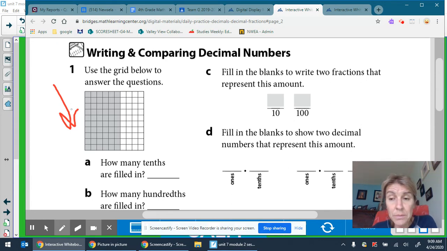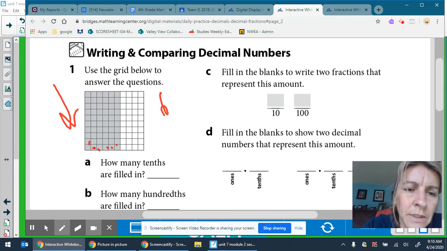I know if 100 of those units were filled in, 100 out of 100, or if 10 strips were filled in, then we'd have one whole, or like $1. But we don't. We only have a certain amount shaded in. So let's just count. 1, 2, 3, 4, 5, 6. We have 6/10 filled in.